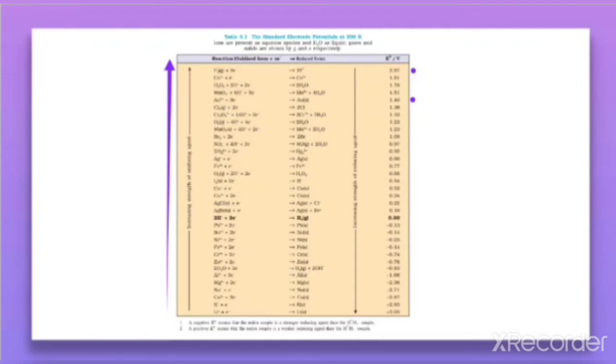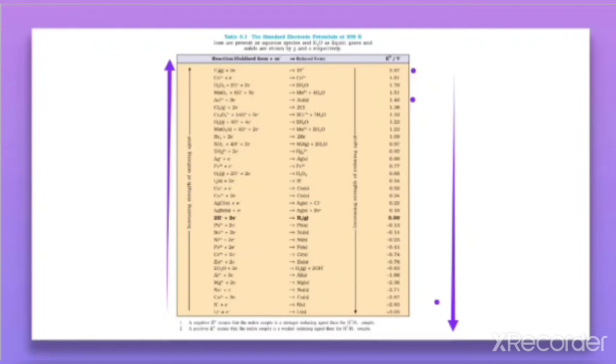And the values from here to here are decreasing, and that increases the strength of the reducing agent. That means the greater the negative value, the greater the strength of the reducing agent.